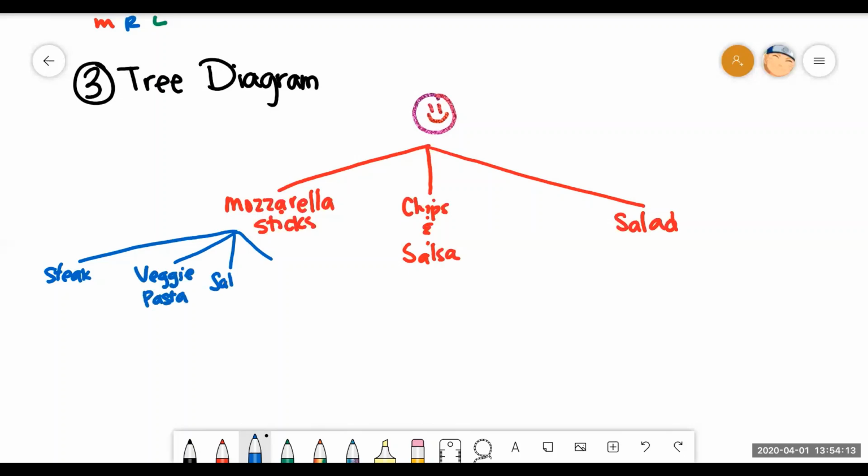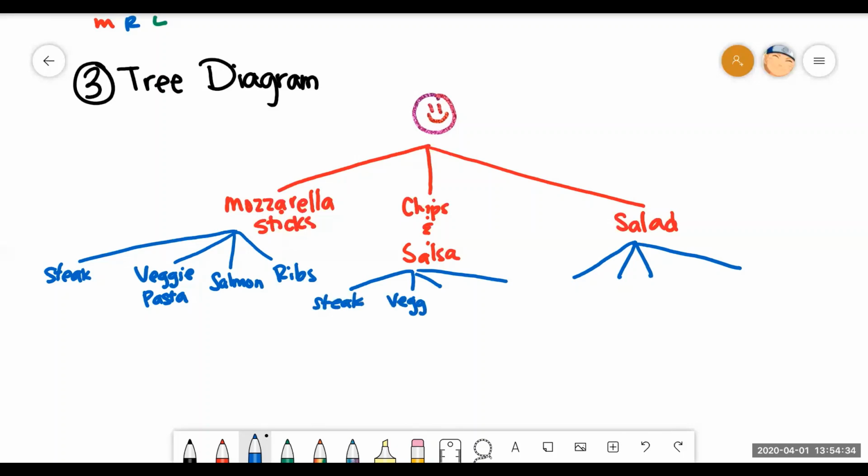I've got salmon. And I've got ribs. Okay, those are my options for mozzarella sticks. And as a matter of fact, those are the options for my chips and salsa and my salad as well. So again, I've got steak, I've got veggie pasta, I've got salmon, and I've got ribs.